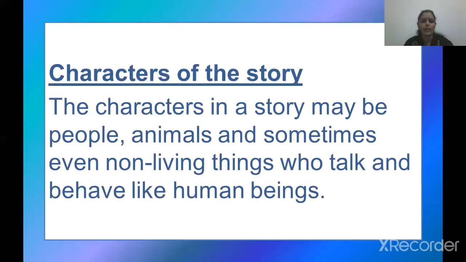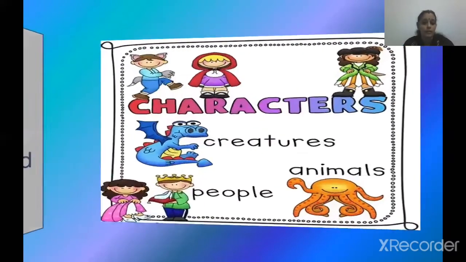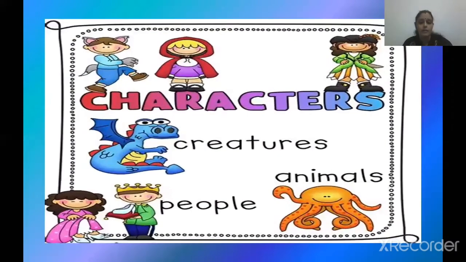So the characters in the story can be anyone. They can be people like us. We can write stories about animals also, or we can write stories even on non-living things who talk and behave just like human beings. Here there's a picture showing you characters that can come in a story.